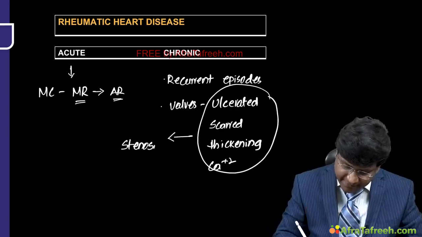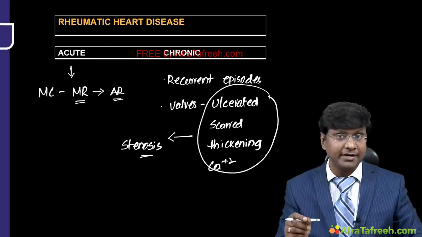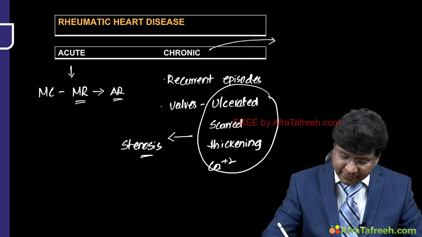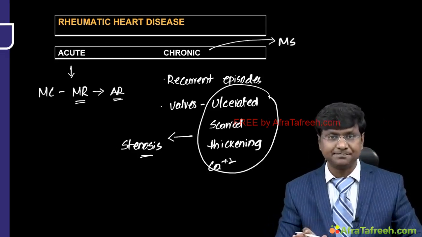So that is the reason why, if the question is asked what is the most common valvular involvement in chronic rheumatic heart disease, that will be mitral stenosis, whereas in acute it is mitral regurgitation.